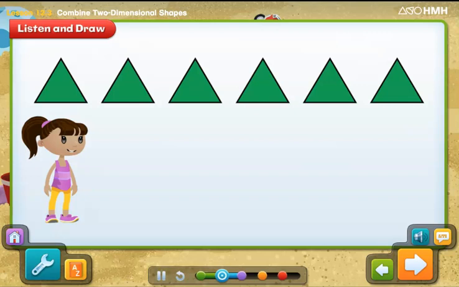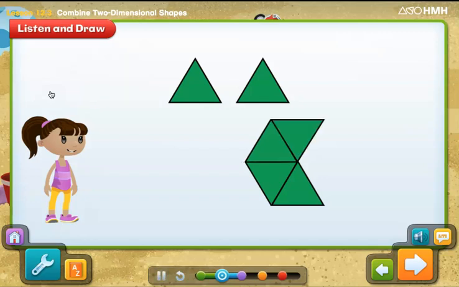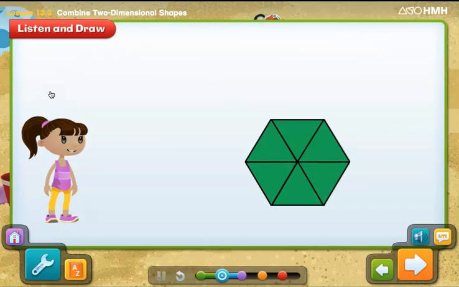Start with the first green triangle. Add a second triangle. Then a third, fourth, fifth, and sixth.